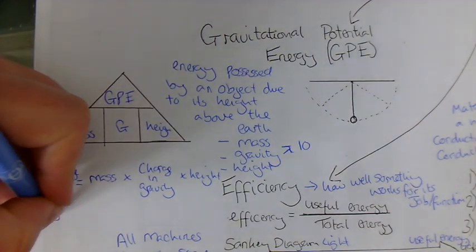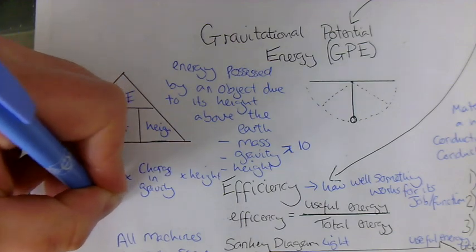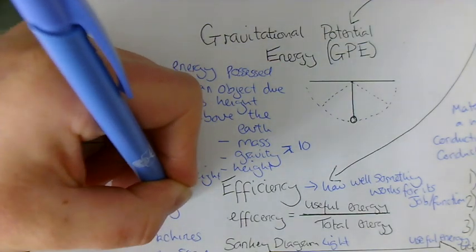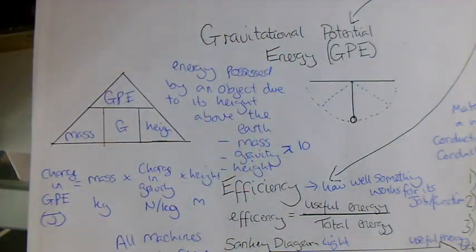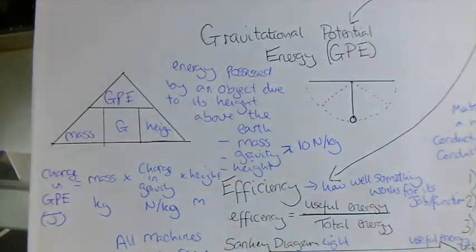Units for that are joules, kilograms, newtons per kilogram, and meters. So on Earth, remember, we've got 10 newtons per kilogram, I should have written.